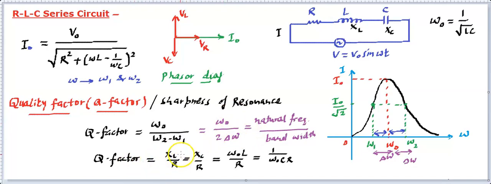Or you can remember XL upon R, where XL is the reactance at resonance, which can also be written as XC by R, and omega naught will be known to you. You can simplify it and find the Q factor, and explain what it indicates. It is talking about the sharpness. If two curves are given to you along with their Q factors, you can compare. The larger the Q factor, the sharper the graph of current versus frequency is going to be.